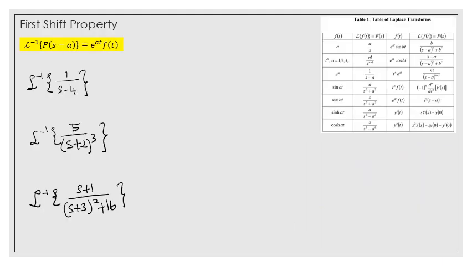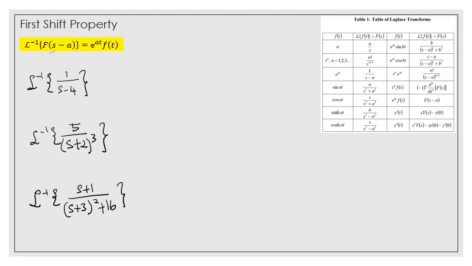Okay, let's move into another topic, the first shift property. For the inverse of the first shift property, we will find the inverse Laplace transform of F where the function has s minus a constant.